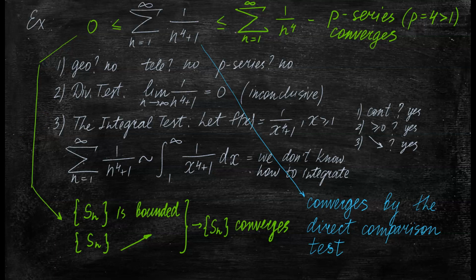Now, the direct comparison test can also be used to show the divergence of a series. And let's consider another example. And just like before, we're going to run through the basic checks.